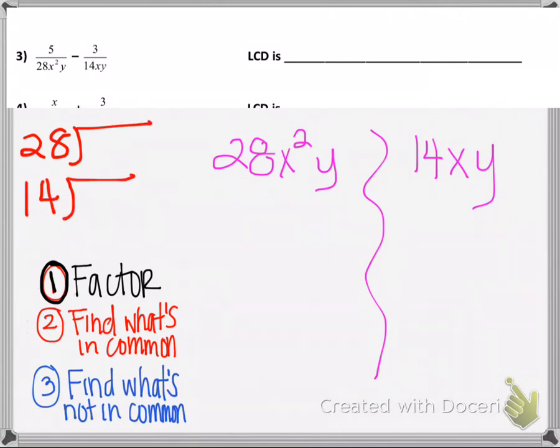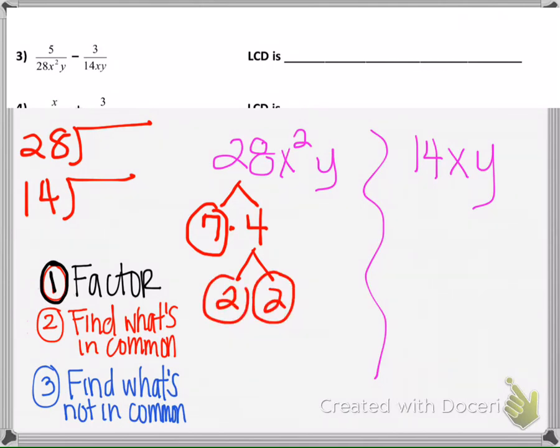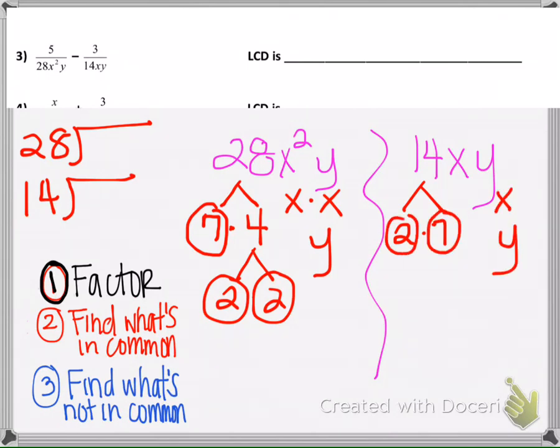Some of you may know, but if you don't, we can always pick two numbers that multiply to 28, like 7 times 4. 7's prime, but 4 can be broken down to 2 times 2. And then here we have x times x, and we have y. Over here we have 2 times 7, and those are both prime. And then we have x, and we have a y.